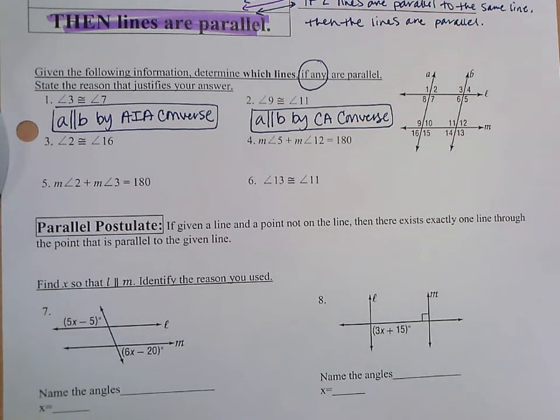There is one that doesn't say either pair of lines is parallel. Take a look at these. We will go through them. I just want to give you a chance to look at them first.